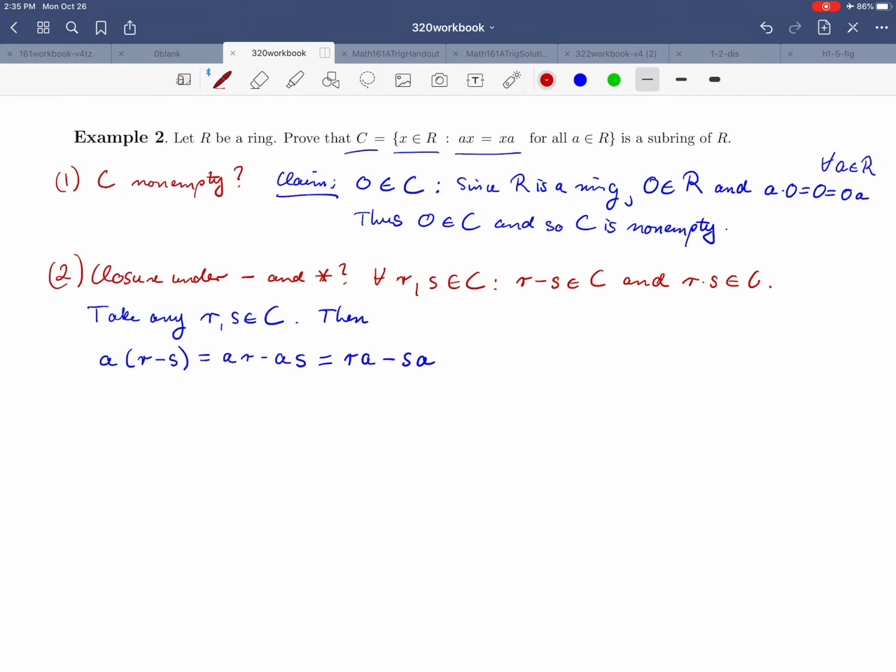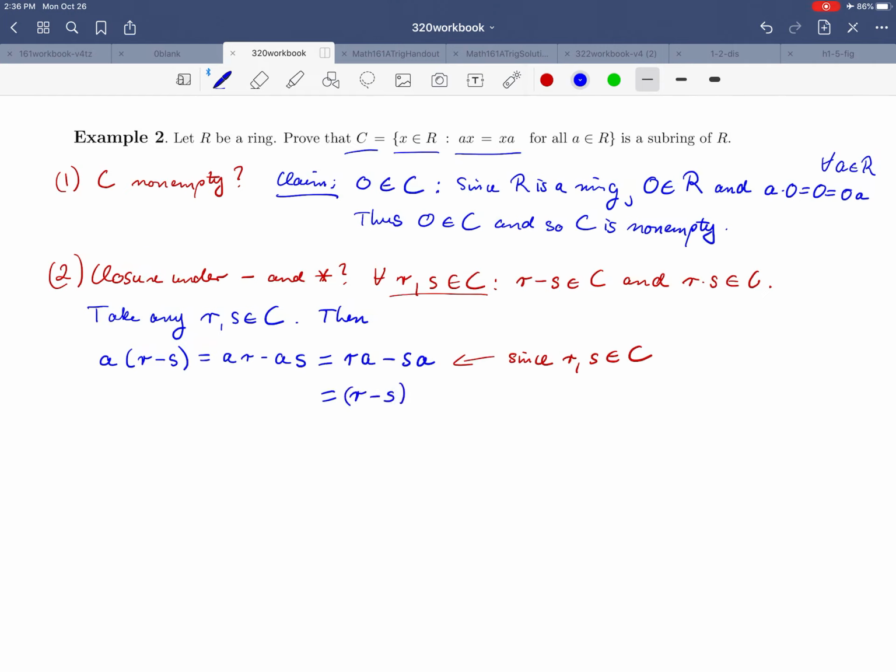And why is that true? Our ring is not commutative, but C picked out exactly the elements in R that commute with everything, and R and S were supposed to be in C, and so they do commute with A. So this is true because R and S are elements in C. Okay, but then now we can just use distributivity again, the other way around.